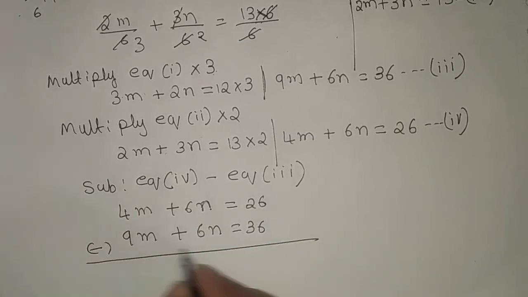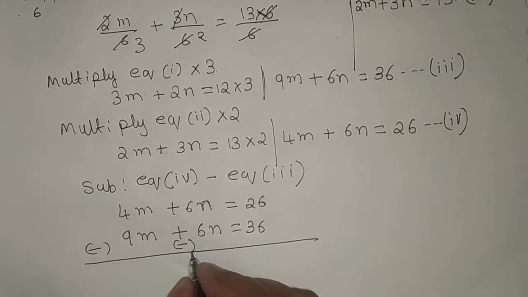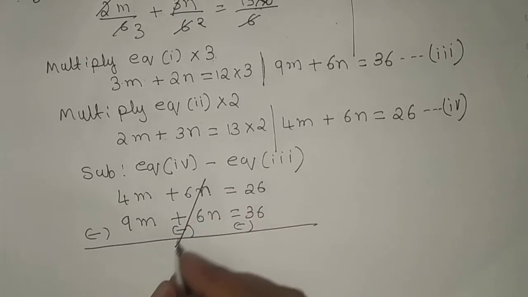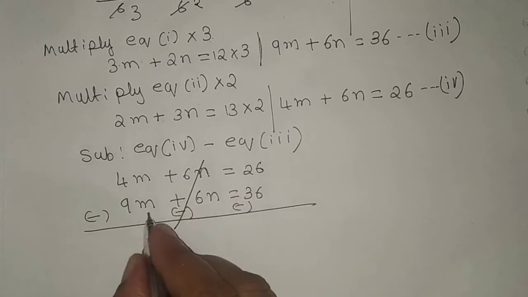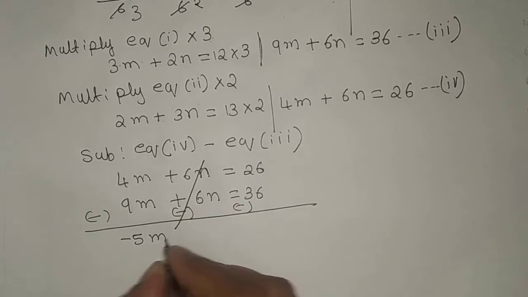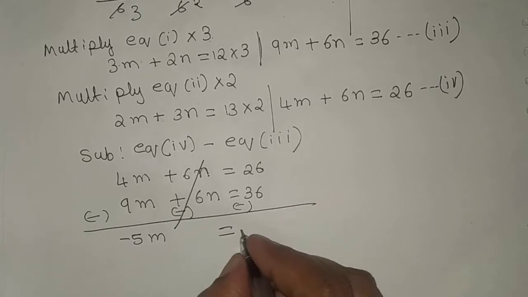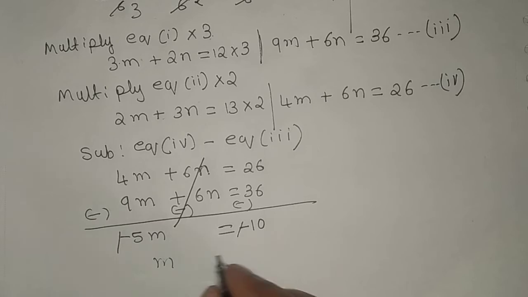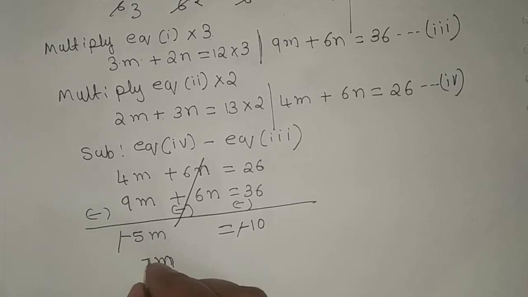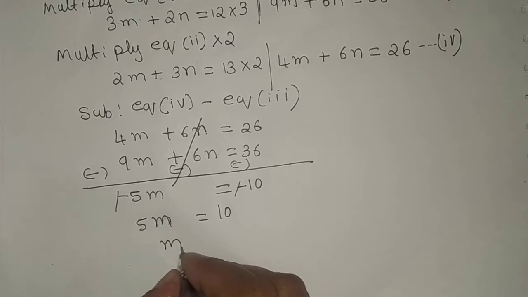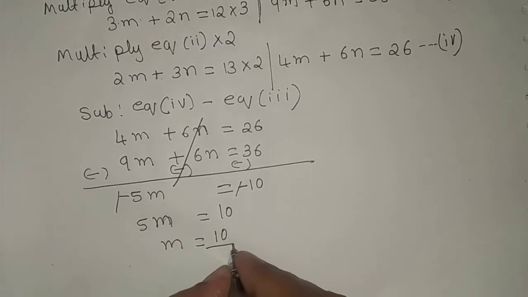Now subtract: minus and minus here. So the 6n terms cancel. 4m minus 9m is minus 5m, and 26 minus 36 is minus 10. The minus signs cancel, so 5m is equal to 10, where m is equal to 10 by 5.